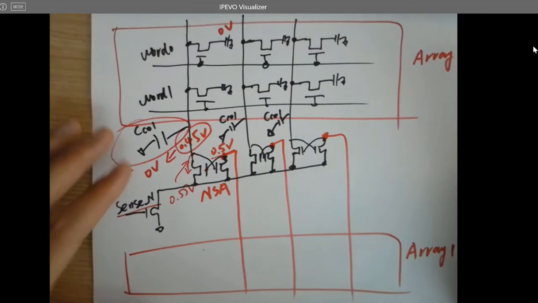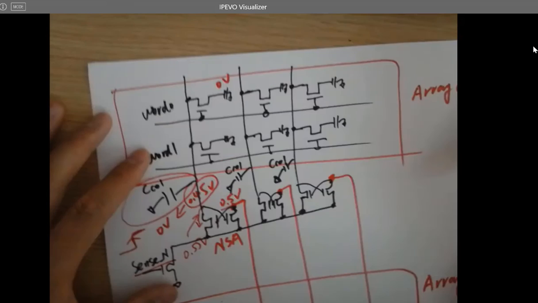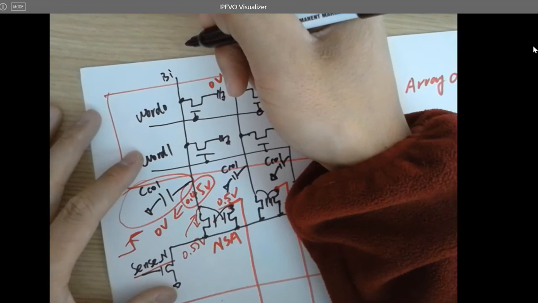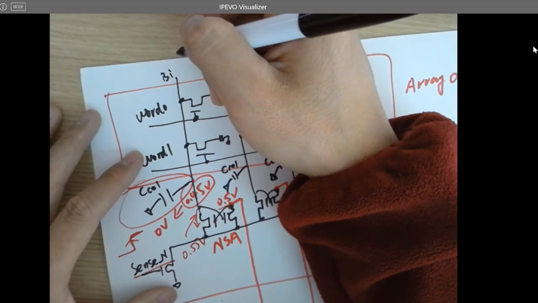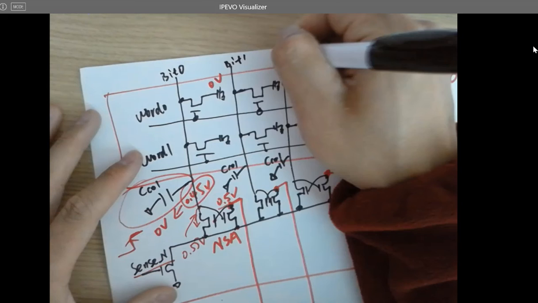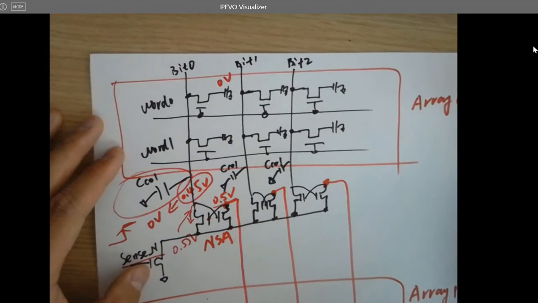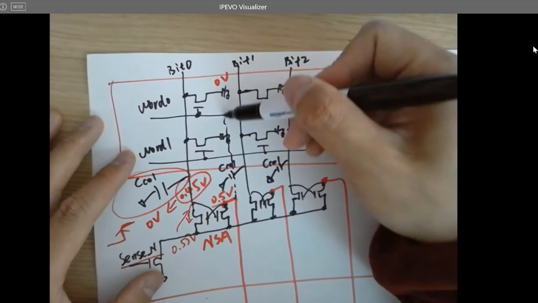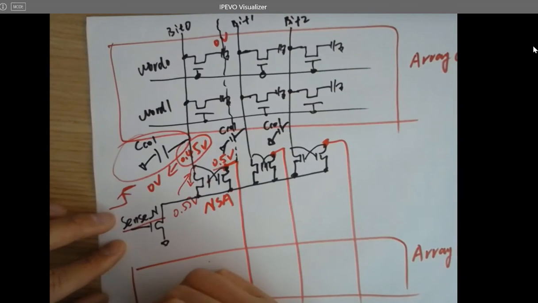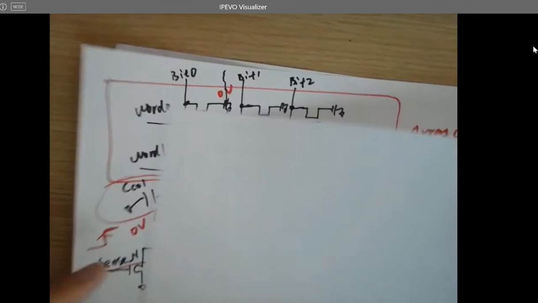But still, how can we pull it up? So these are the bit lines, right? That's bit 0. So you can extend this line to the top. So you need something on the top. That's PSAs. So PSAs look like this.